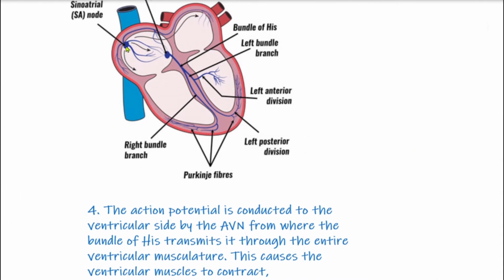this impulse will reach the AV node, and from the AV node the impulse will go through the bundle of His and will spread to both the ventricles. And when this impulse spreads to the ventricles, they will start contracting.